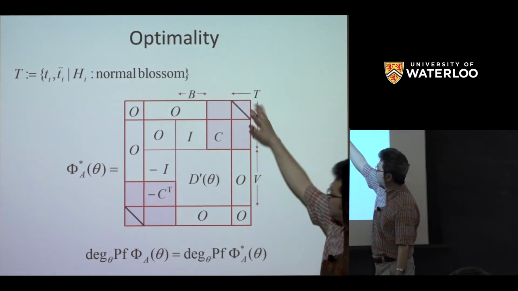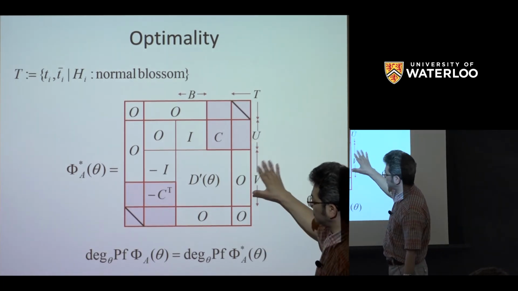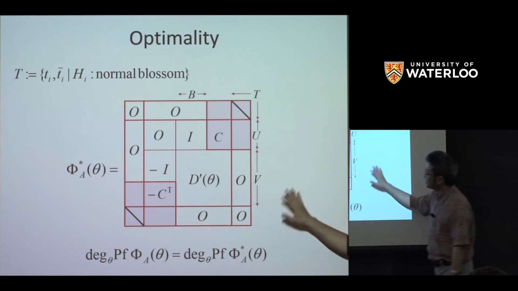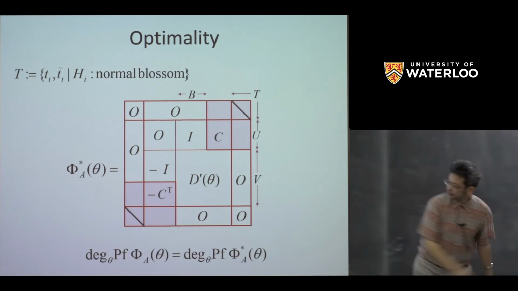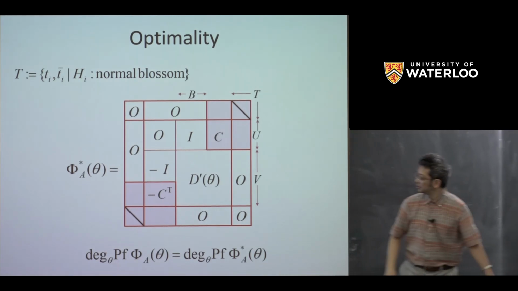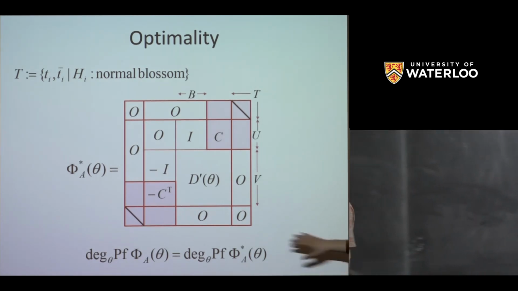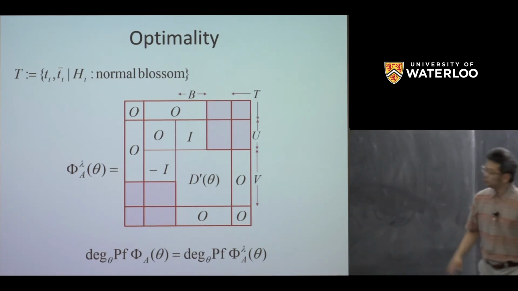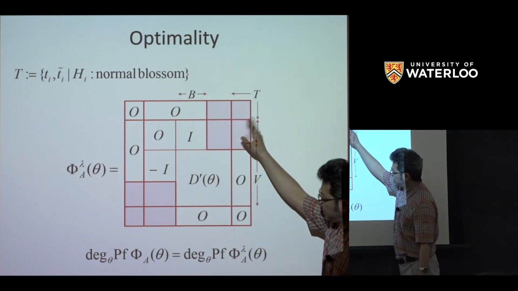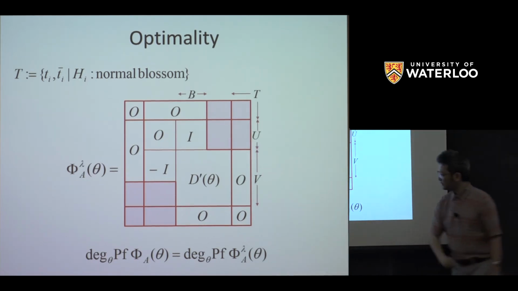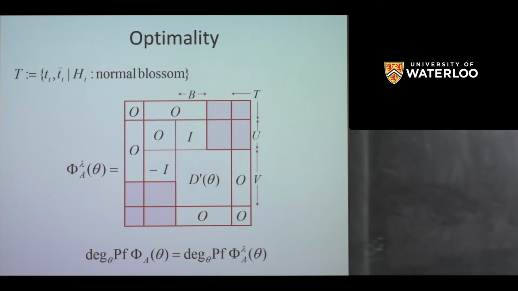So that means that if you think of the Pfaffian of that one, it is exactly the same as the one before. Okay? Or I should say at least the degree is the same. Okay? Now, we made these transformations in this side, but that also doesn't change the Pfaffian. Okay?